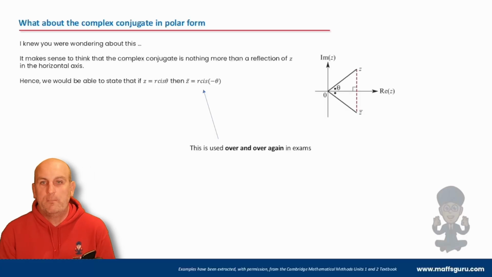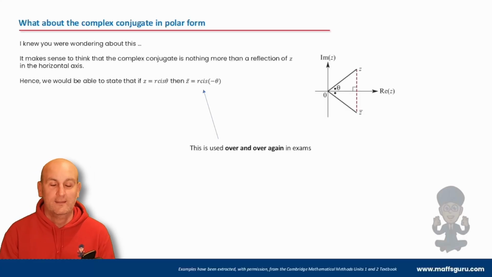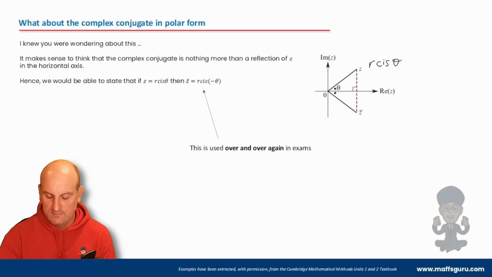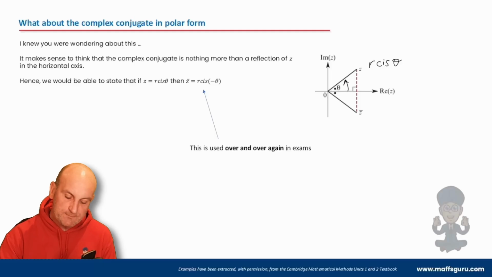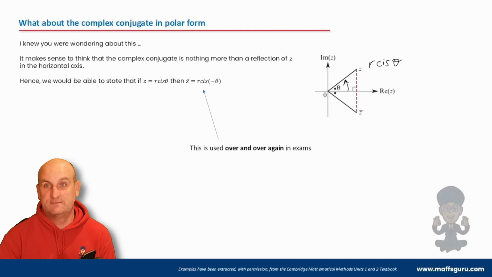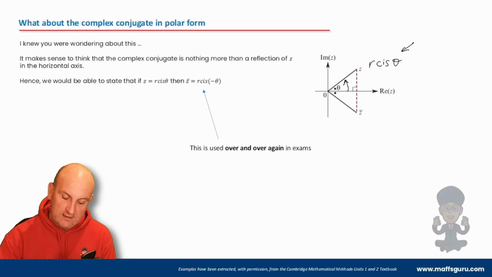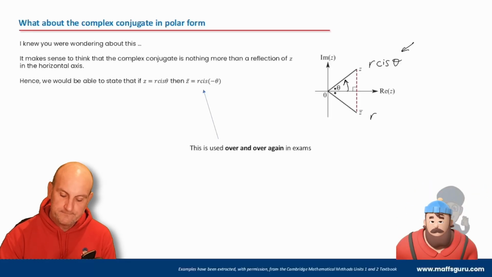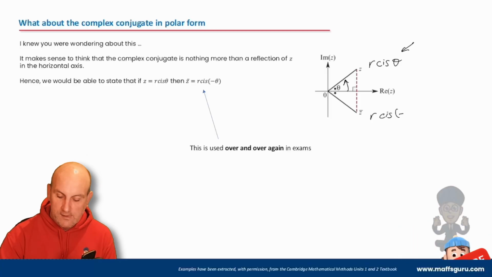All right, what about the complex conjugate in polar form? I said that I knew you were wondering about this. No one was, right? All right, so the complex conjugate, if I know that this is r cis theta, it makes perfect sense, I hope you realize, that if that there is going around anticlockwise and is positive theta, then the conjugate must be r cis minus theta.